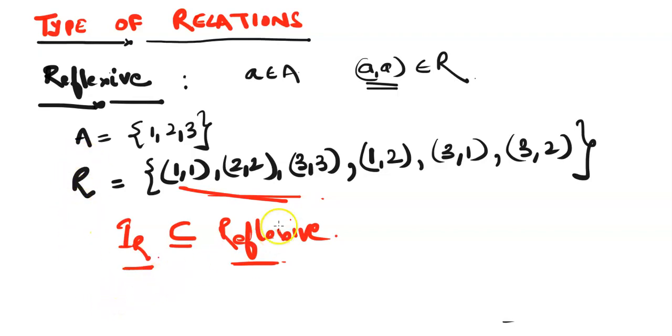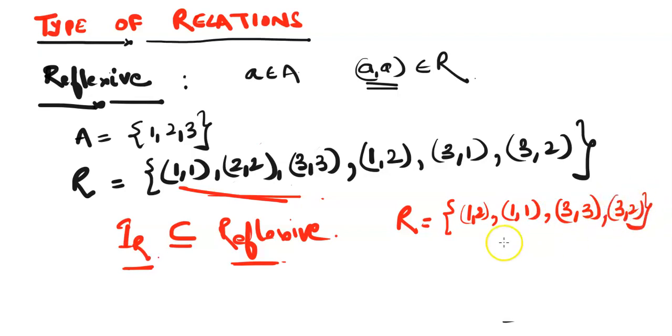So basically, if any of these are missing, then it's not a reflexive relationship. So if I have an R which says 1, 2, 1, 1, 3, 3, 3, 2, this is not reflexive, as 2, 2 does not belong to R in this case.